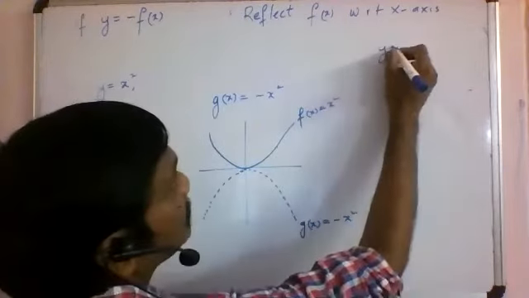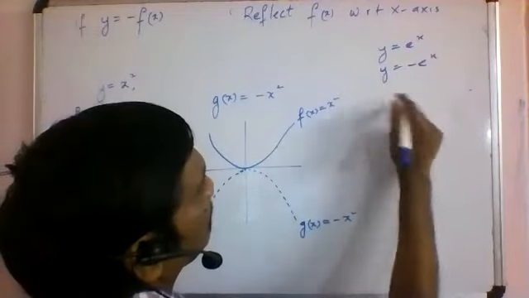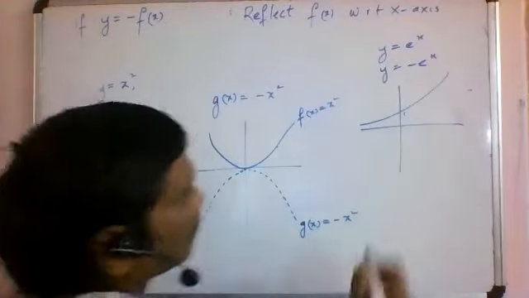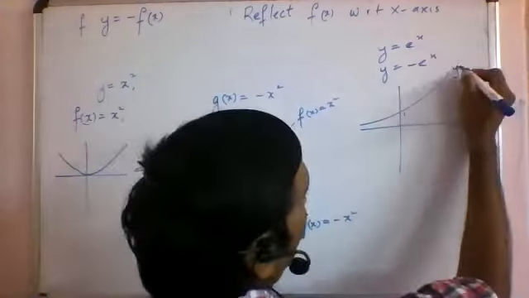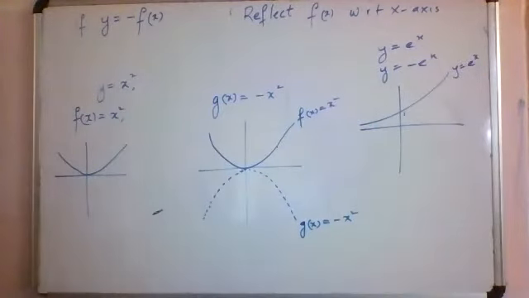Suppose I take y is equal to e power x, and from this I want minus e power x. Your basic graph y is equal to e power x will be like this. I said you have to know basic graphs first, how to draw basic graphs.